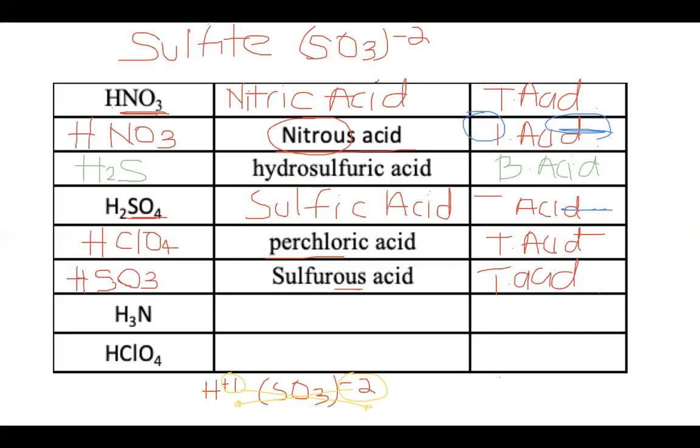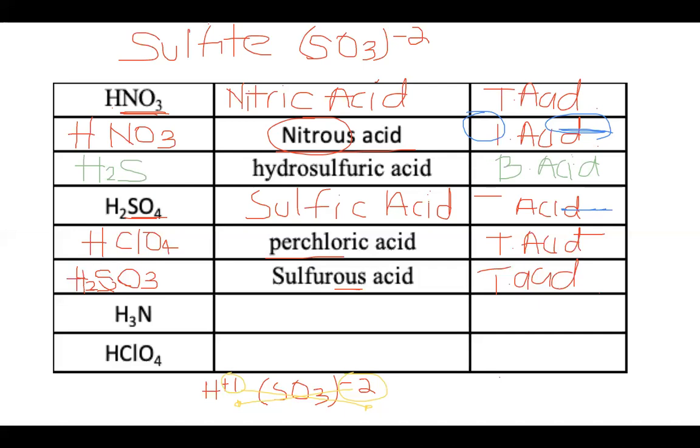So my final compound will be H2SO3, and we can write parentheses 1. Normally when we have a number 1 outside of the parentheses, we can remove the parentheses and leave it blank, okay? But what we do have to write is the number 2 of the hydrogen. And that's sulfurous acid. Let's go to the next one.